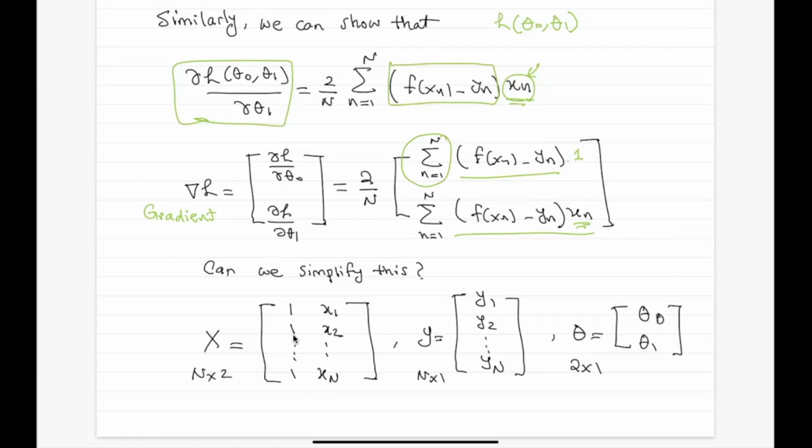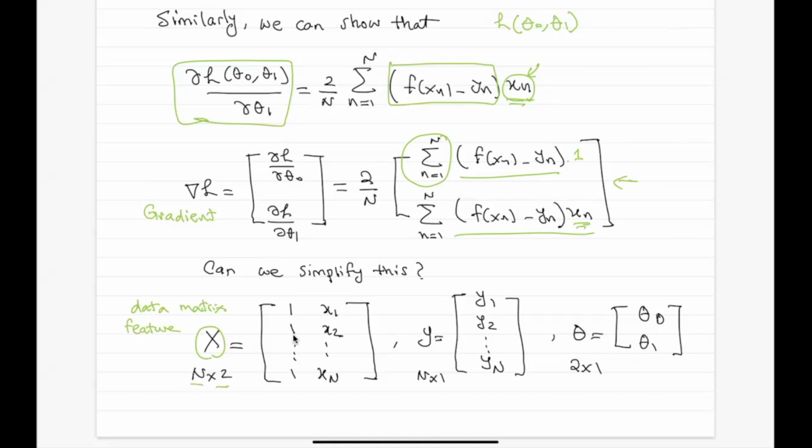In order to write this expression for the gradient in simplified or compact form, let's define a few vectors and matrices here. We define a matrix X, which we can call the data matrix. We can also call this the feature matrix, which is of size n by 2.